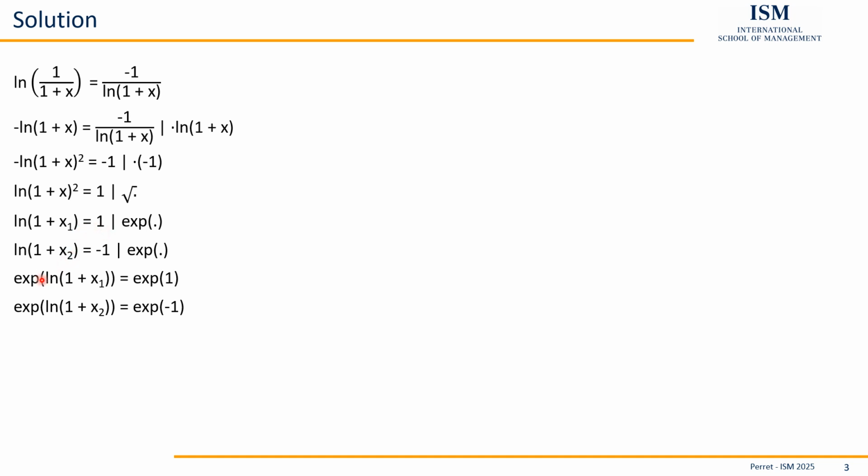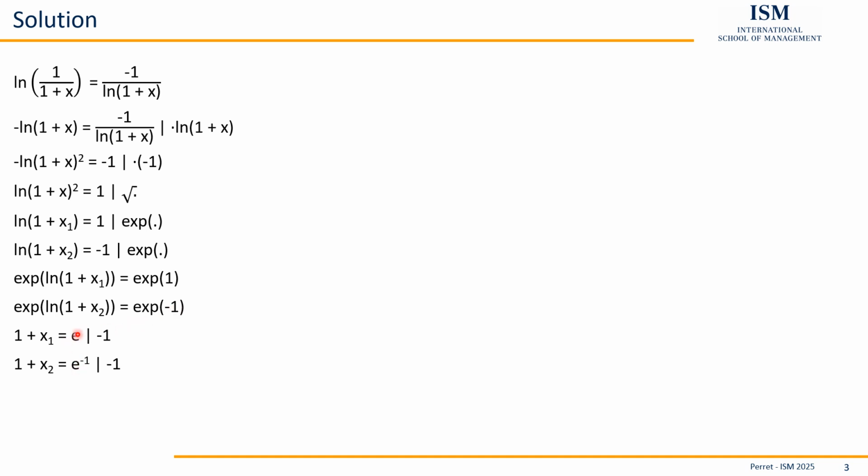Again, in both equations on the left side, there's the exponential function applied on the logarithm, so both of them cancel each other out, and we simply have those expressions on the left. And well, exponential function of 1 is nothing else than the number e to the power of 1. And here, exponential function of minus 1 is simply the number e to the power of minus 1.